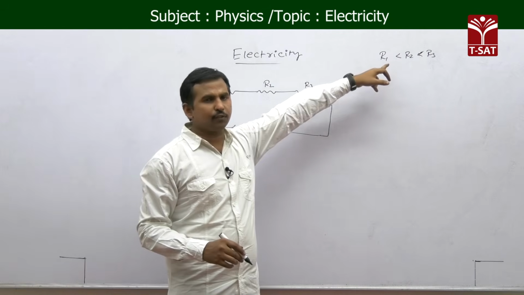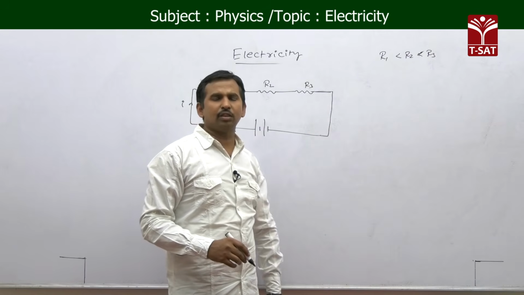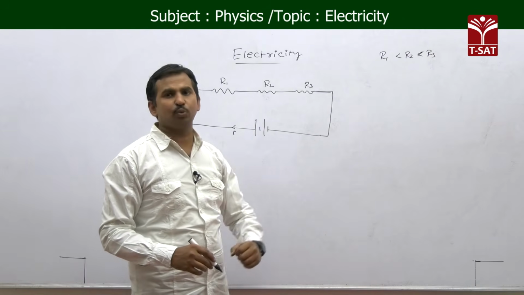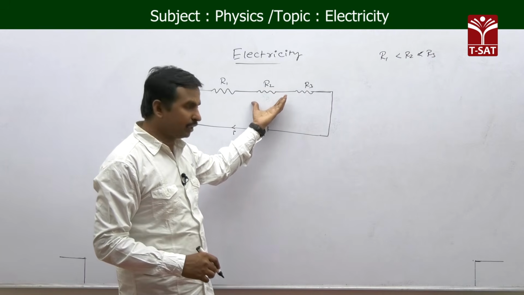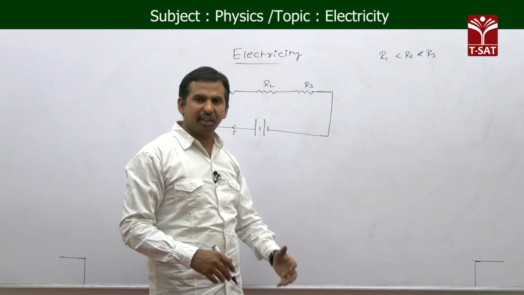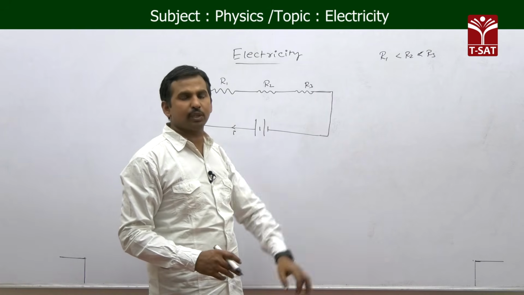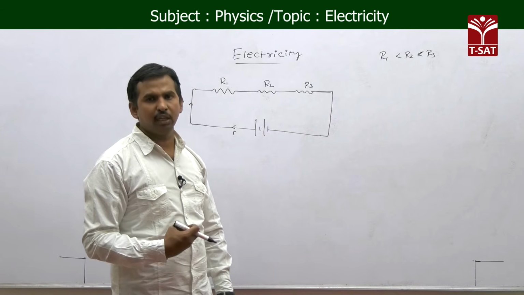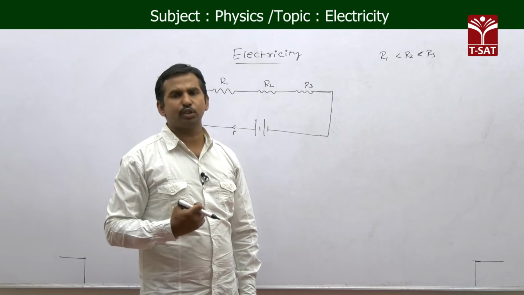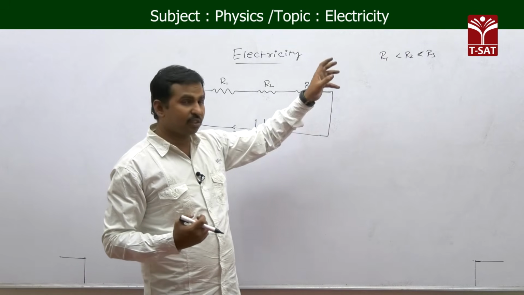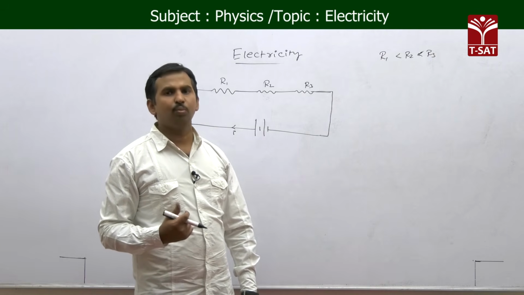For R2, it is a bit more than R1, meaning the work done on the unit charge by the battery is more. So the potential required is different. And for the third case, R3, it is more. As more resistance is present, we have to do more work so that we can move the charge through it and get the current passing. So as the resistance of the third one is more, the voltage required there is also more.